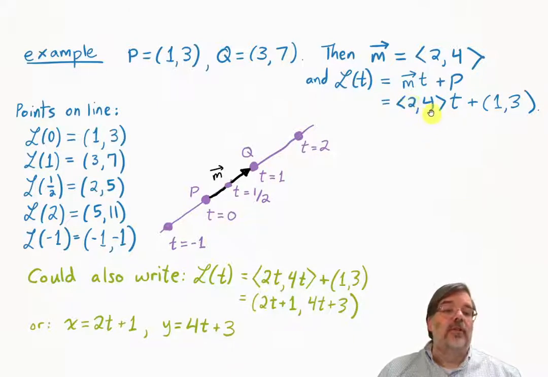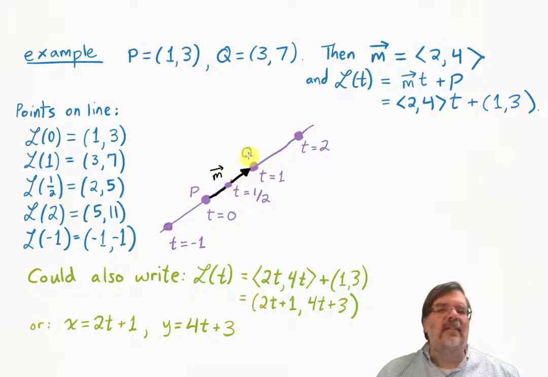And the vector (1, 2) plus (1, 3), that's (2, 5). And that point actually lies halfway between P and Q. In fact, if you plug in numbers between 0 and 1, you'll get the points between P and Q. Math works out nice like that.